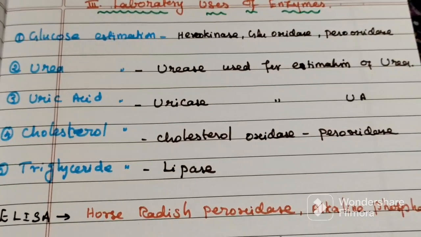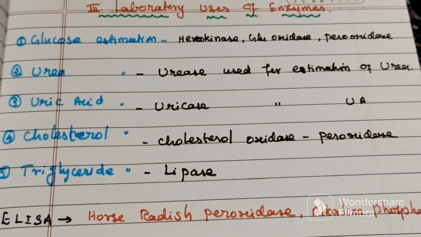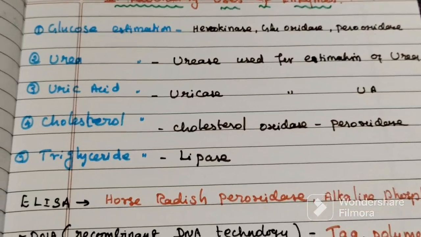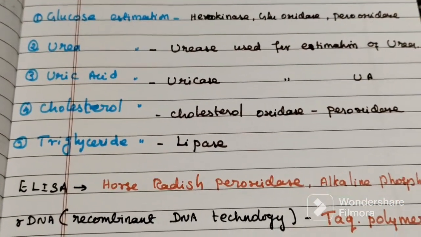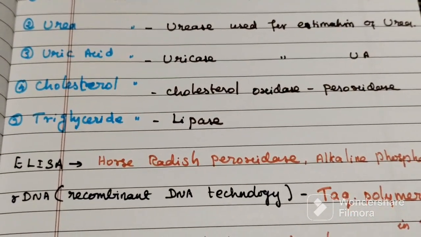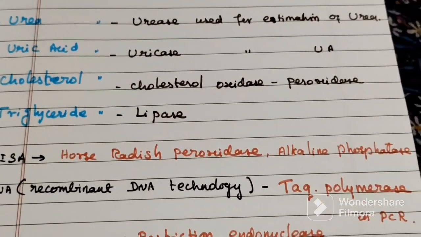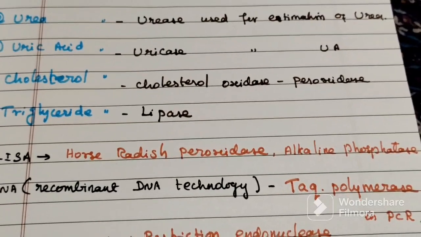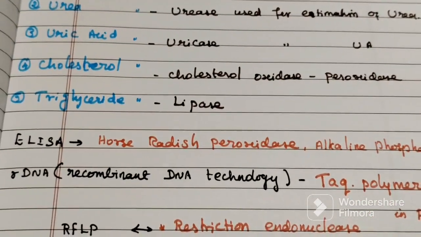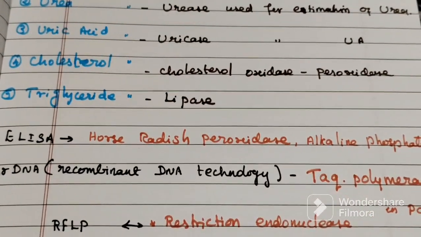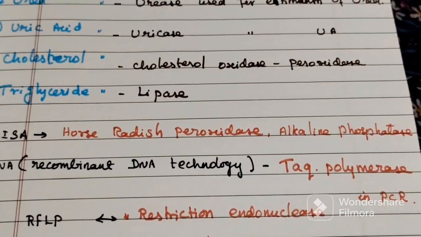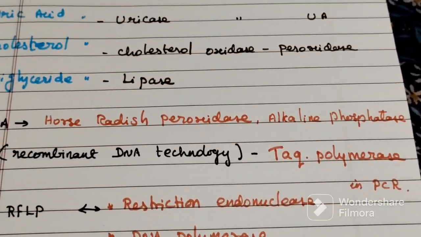Triglyceride estimation, we are using lipase. In the ELISA technique, we use horseradish peroxidase and alkaline phosphatase. Then in recombinant DNA technology, we use Taq polymerase in PCR.